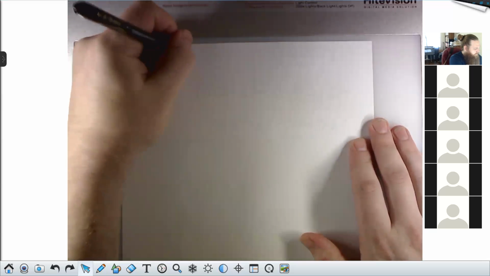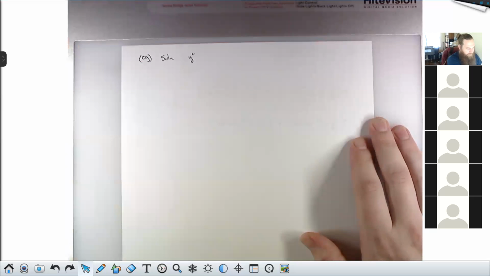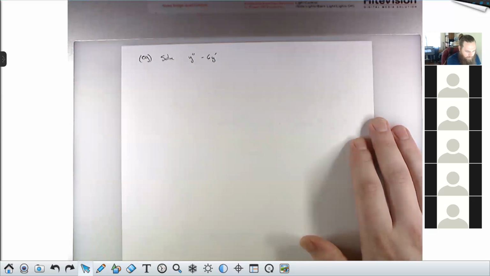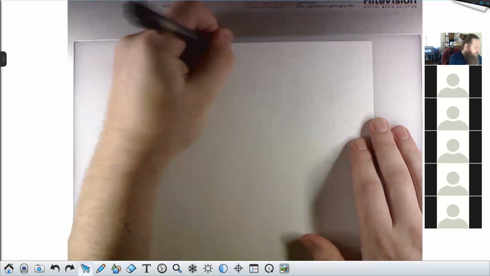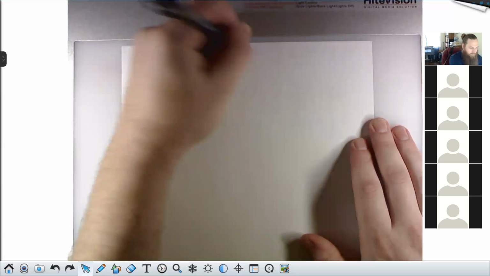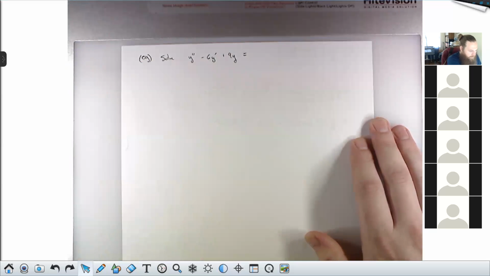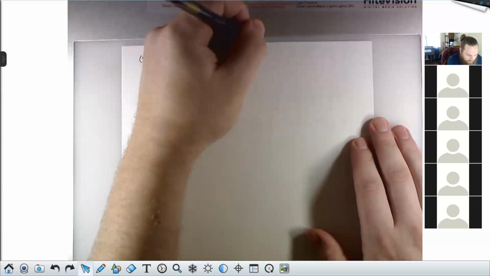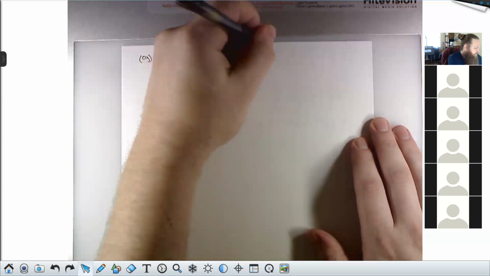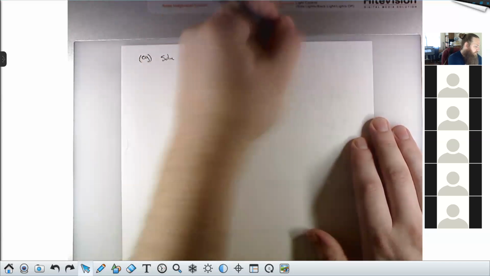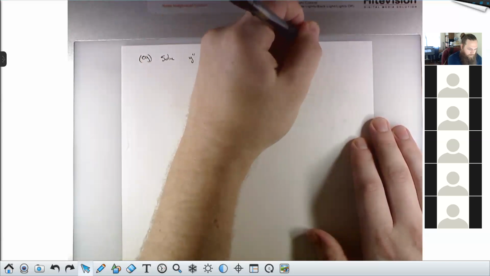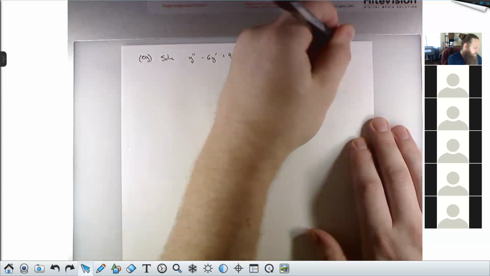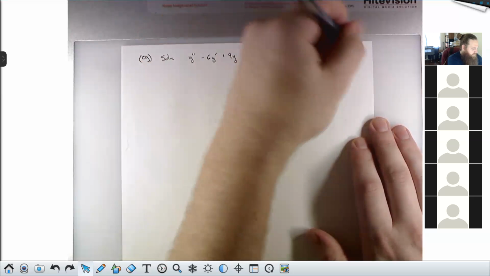Of course, it has to be an initial value problem, right? y double prime minus 6y prime plus 9y equals something annoying like t squared e to the 3t, with the initial conditions that y of 0 is 2 and y prime of 0 is 17.